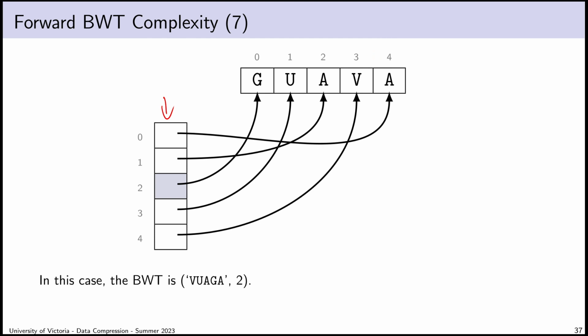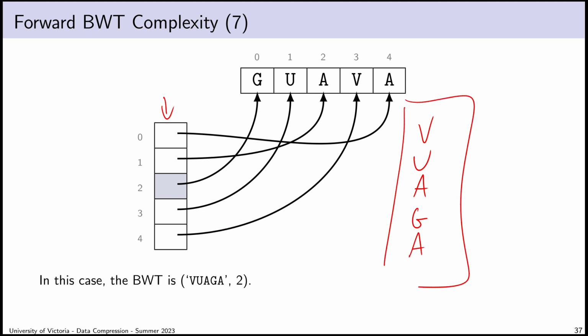So for row 0, it points to A, so the last column would be V. For row 1, it points to this A, so the last column is U. For row 2, it points to this G, so the last column is A. For row 3, sorry, it points to the U, so the last column is G, and for row 4, it points to this V, so the last column is A. So if you just walk one step backwards from the pointer, you can easily get the last column, and then you get the BWT.